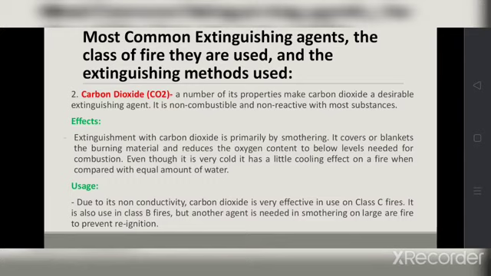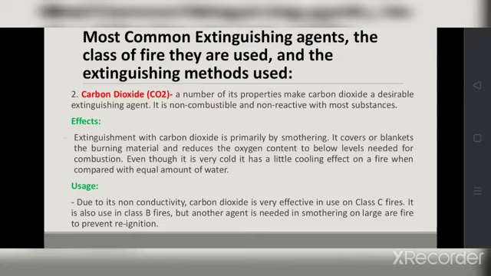So what are examples of Class C fires? Electrical equipment or electrical appliances. It is also used in Class B fires, but another agent is needed in smothering large fires to prevent reignition.